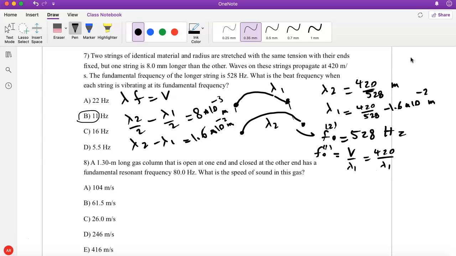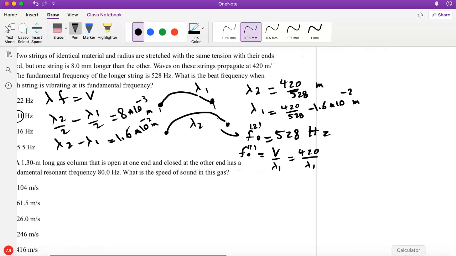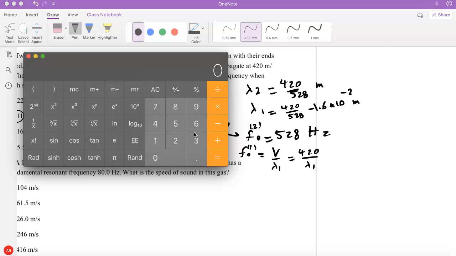Okay, so what is lambda 1? Let's calculate it. I have 420 over 528 minus 0.016.